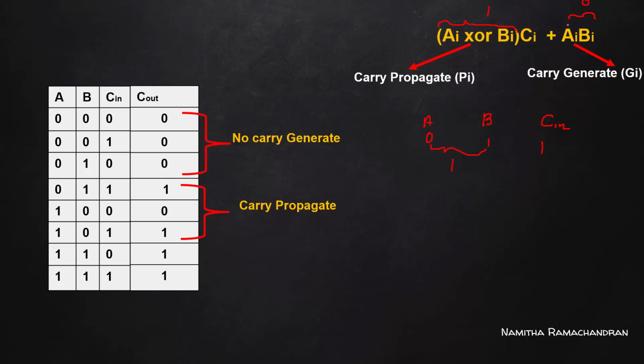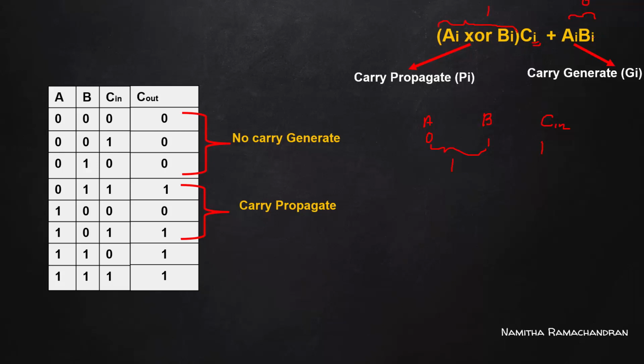So it is clear that here no carry is generated, but the previous carry is propagated due to this particular term Ai XOR Bi. Ai XOR Bi is 1 here. Due to that, this value Ci is propagated to the next level. That is why this Ai XOR Bi is named carry propagate.